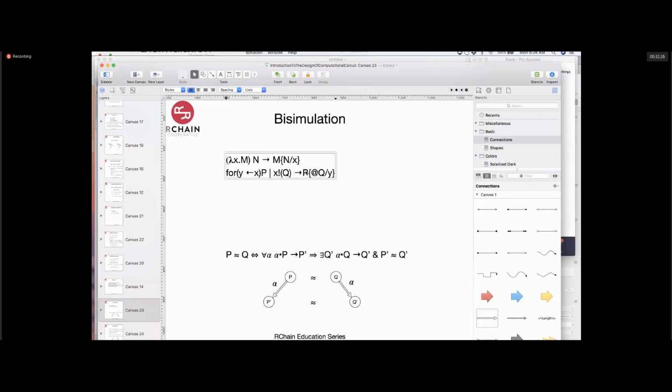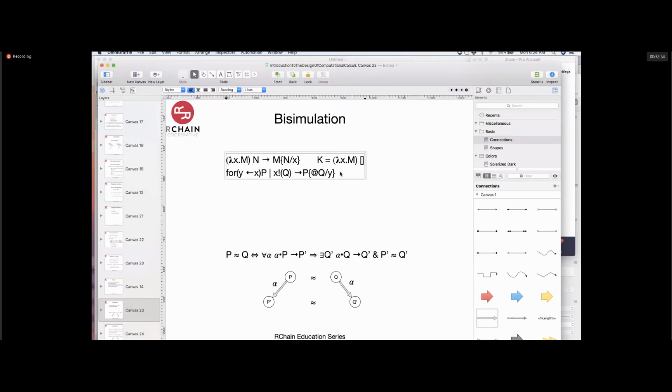So in this case, the context associated would be K equal to lambda x m applied to a whole.